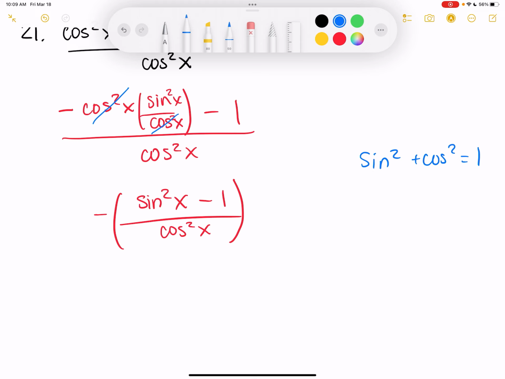If I want, sine squared minus 1 is equal to negative cosine squared. So then on the top we could have negative cosine squared. Hold on a second.